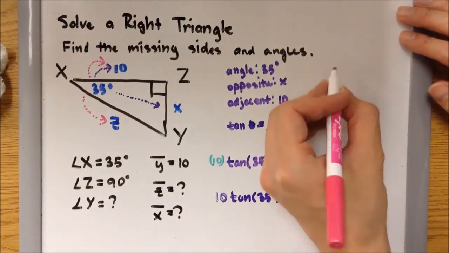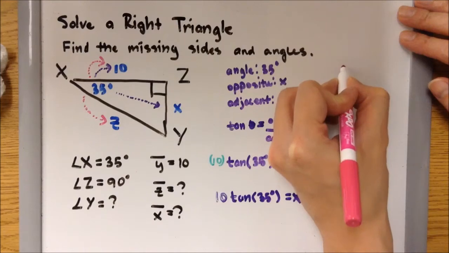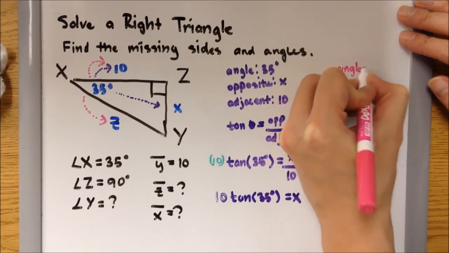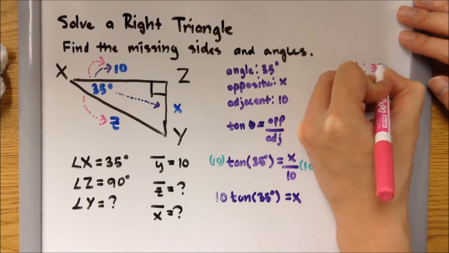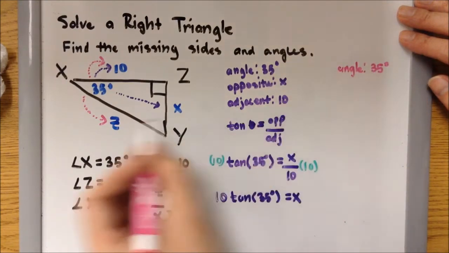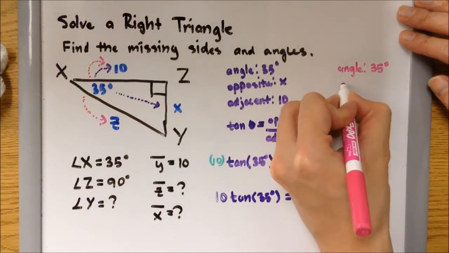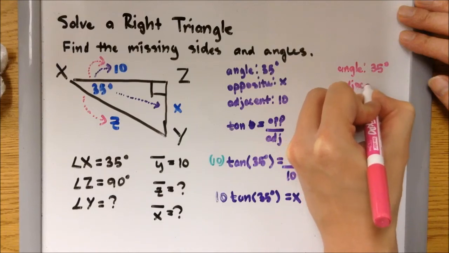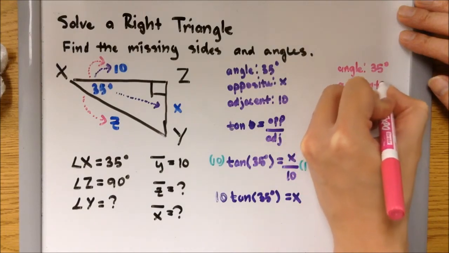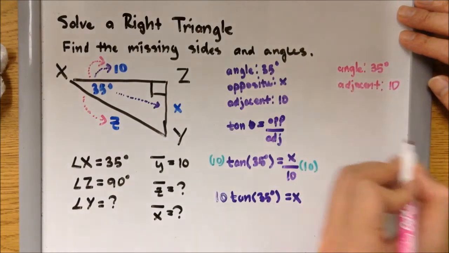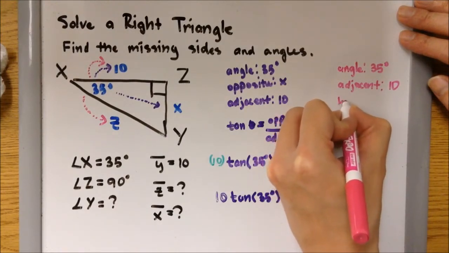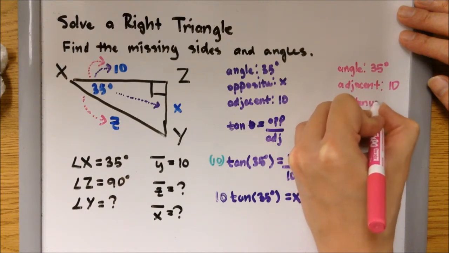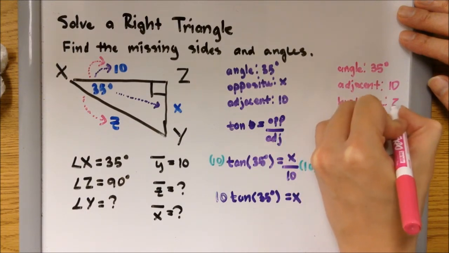So I'm going to write down the information here, just like before. So angle is 35 degrees. Here we have adjacent, which is 10. Then we have hypotenuse, which is Z.